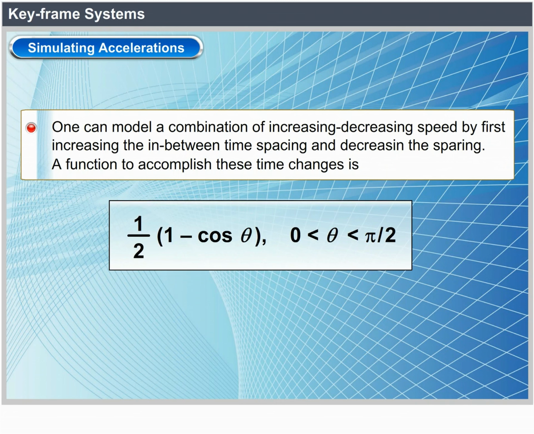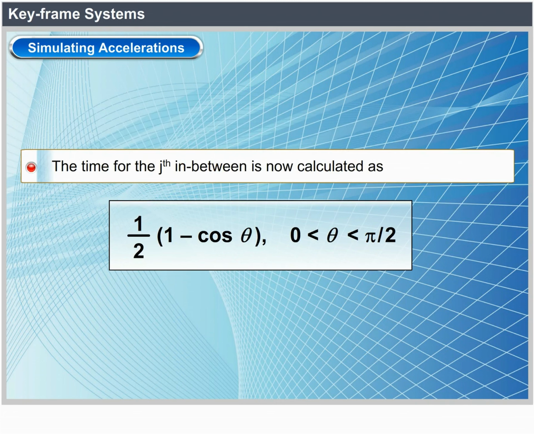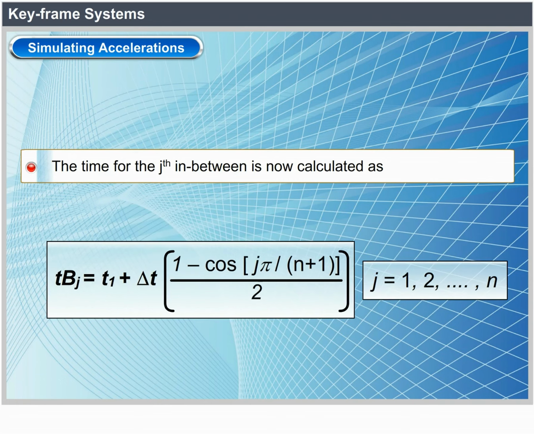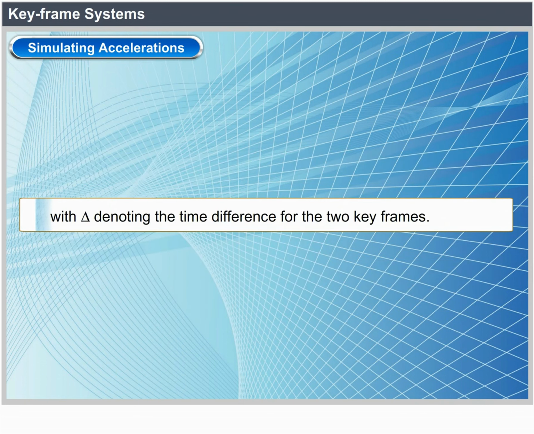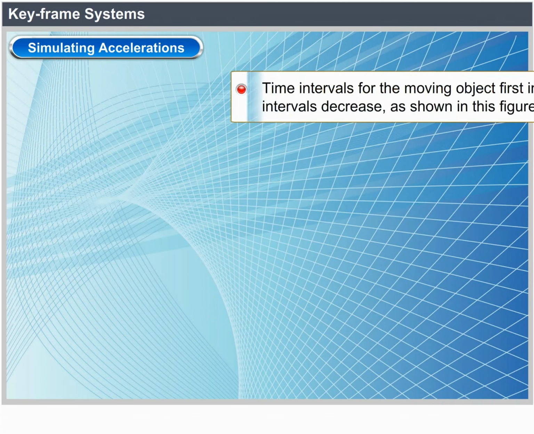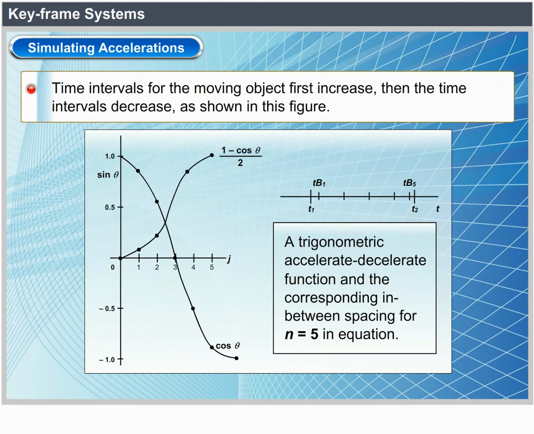The time for the jth in-between is now calculated as t_bj equals t1 plus delta t times (1 minus cos(j pi over (n plus 1))) over 2, where j equals 1, 2 and so on up to n, with delta t denoting the time difference for the two keyframes. Time intervals for the moving object first increase, then the time intervals decrease, as shown in this figure.